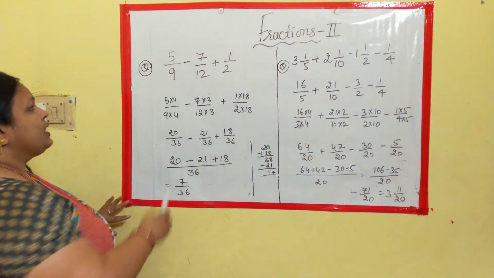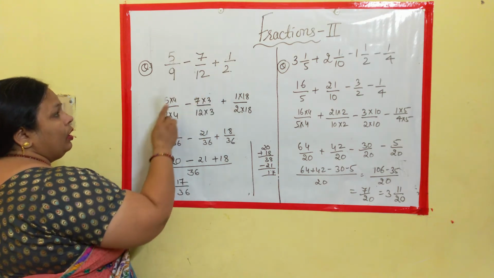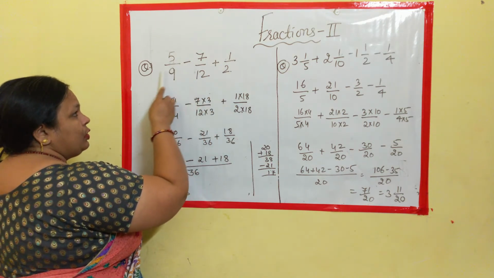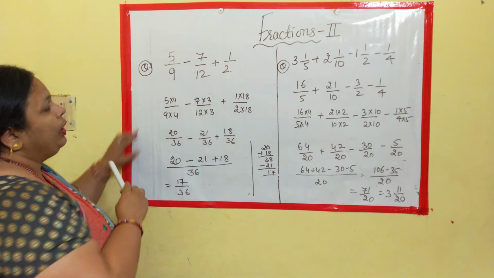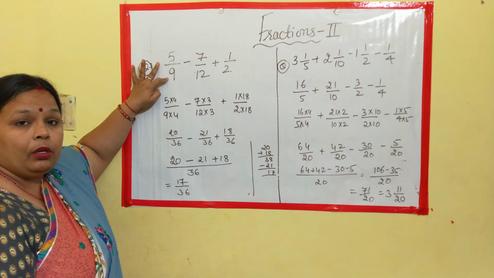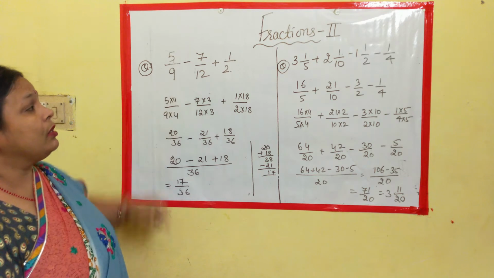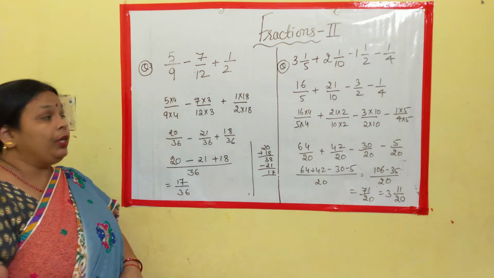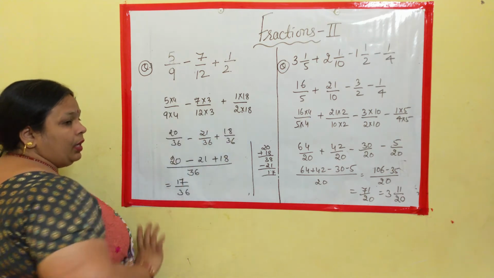See, as we can see, this is 5 by 9 minus 7 by 12 plus 1 by 2. The LCM of 9, 12 and 2 will be 36. To make this denominator 36, we are going to multiply numerator and denominator by 4. To make this denominator 36, multiply it by 3. And for this one, we are going to multiply it by 18.